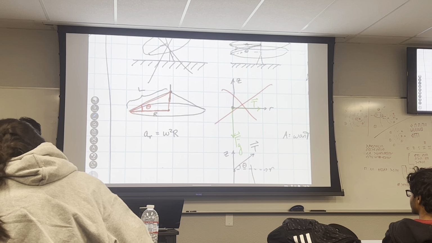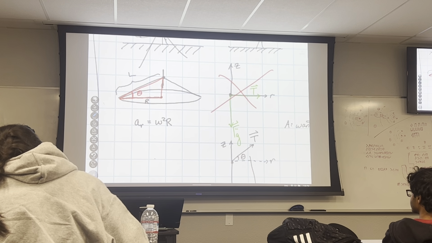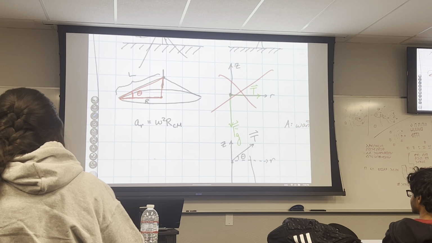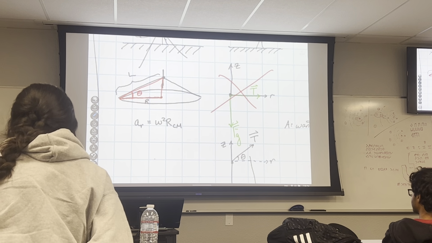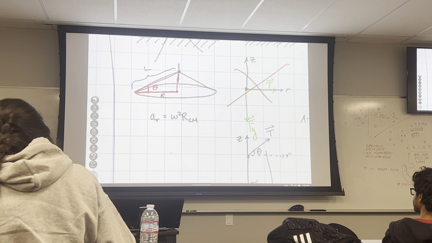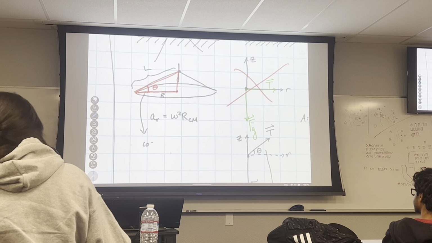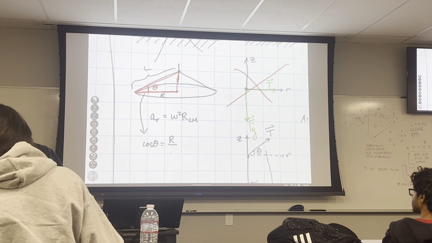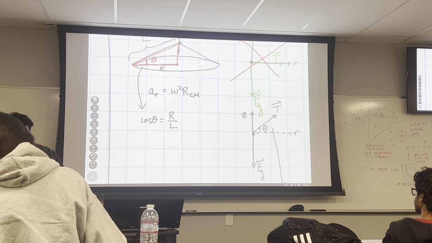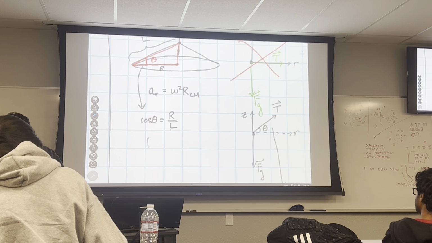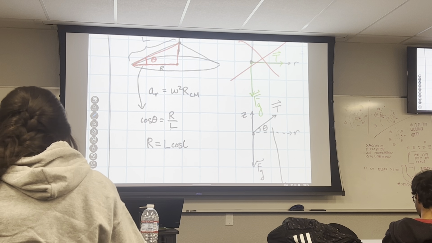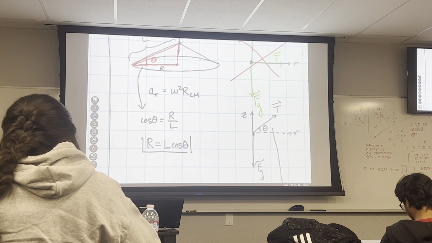So this R is of your circular motion, so we'll call it R_CM. Now in this triangle, cosine of theta is equal to adjacent over hypotenuse, which is R over L, meaning R is equal to L cosine of theta.